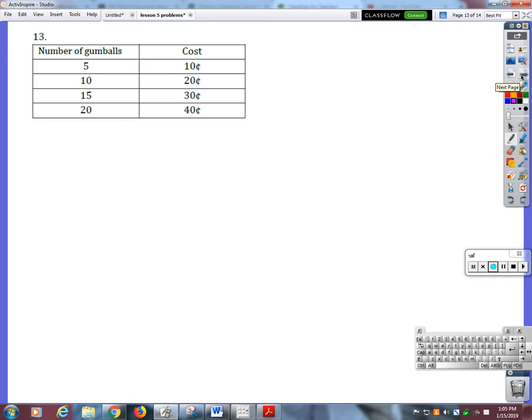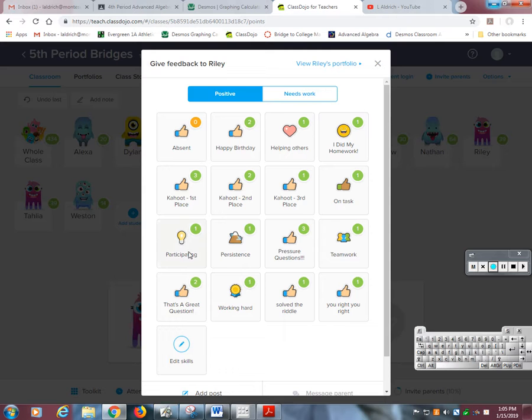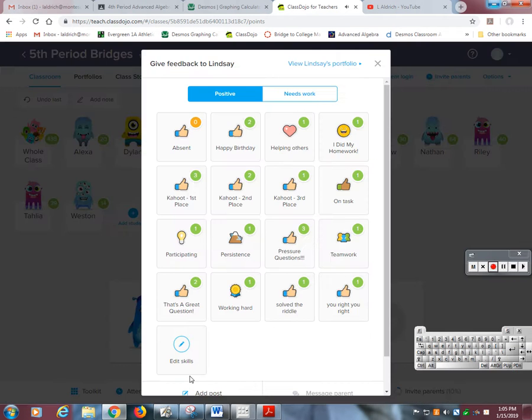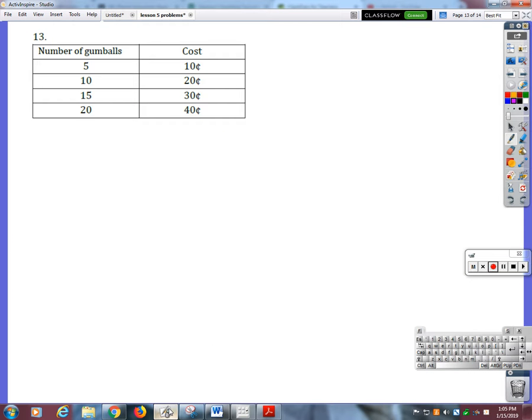All right. How about the cost of gumballs? Continuous or discrete? Why? Okay, so what that means is that there's a pattern to it, but that's different than continuous or discrete.